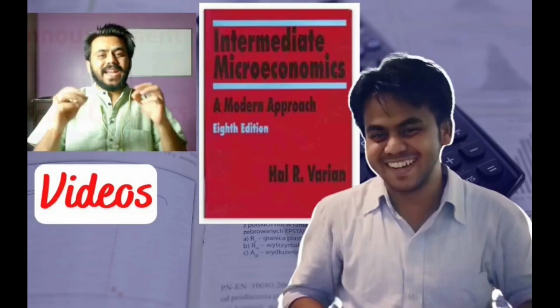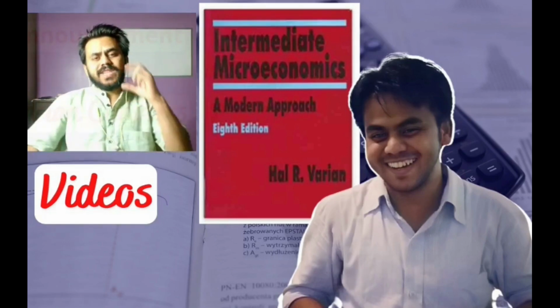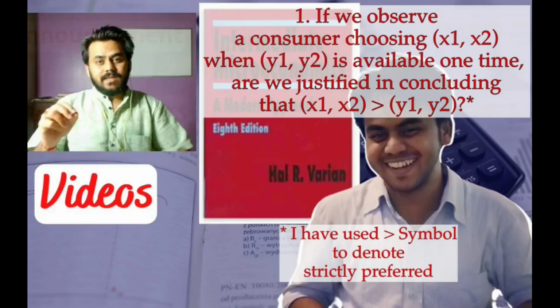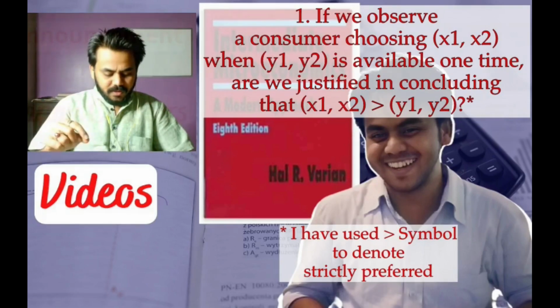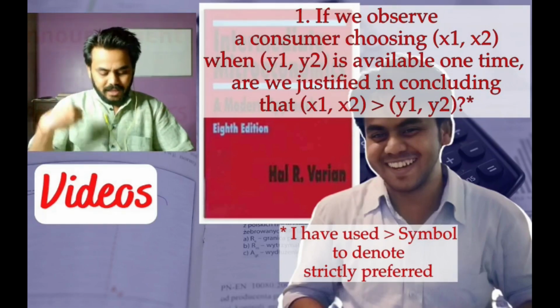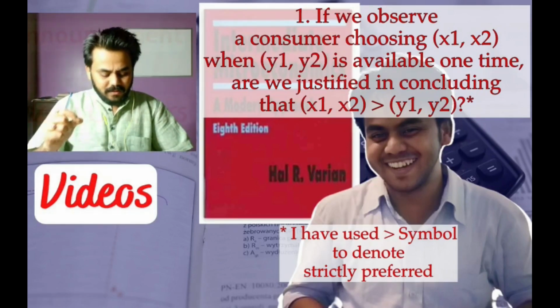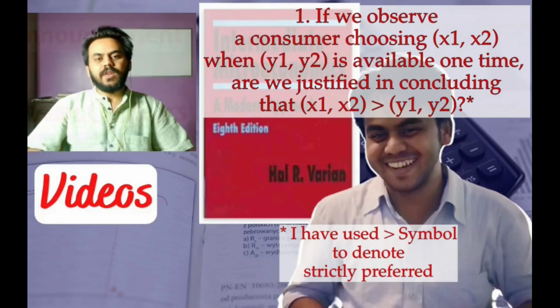Let's discuss the end of the chapter questions of chapter 3 of Varian textbook. The first question says, if we observe a consumer choosing a bundle when a different bundle is available one time, are we justified in concluding that the chosen bundle is strictly preferred to the not chosen bundle? Definitely you cannot say that.